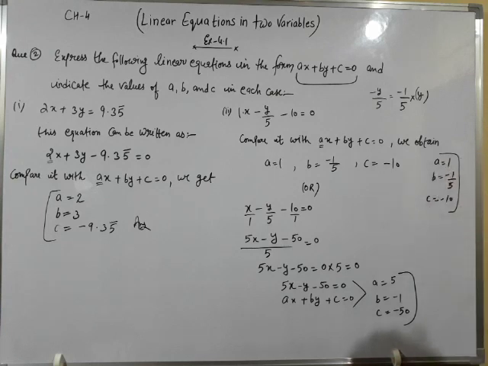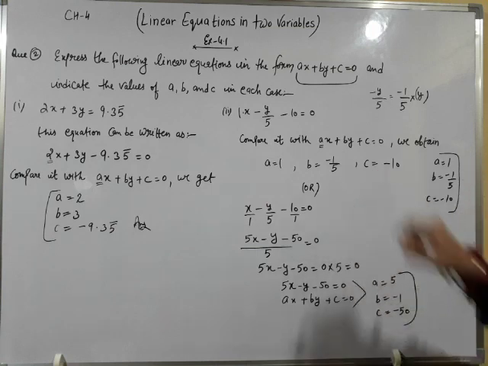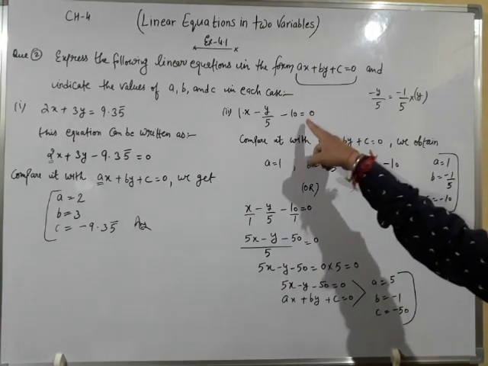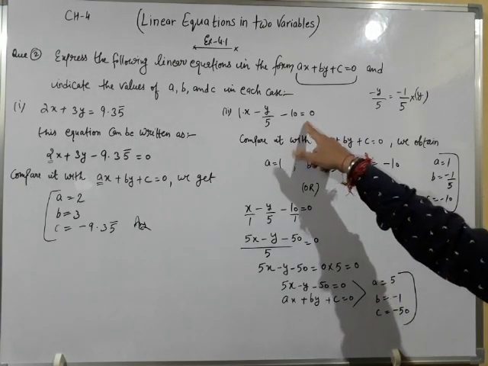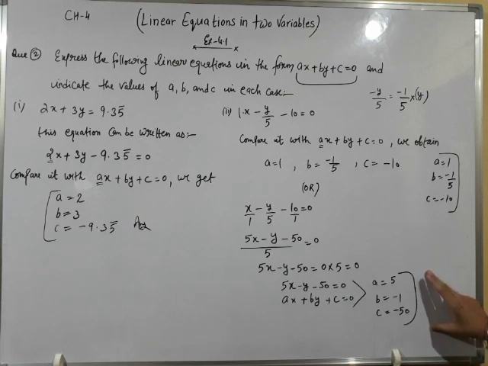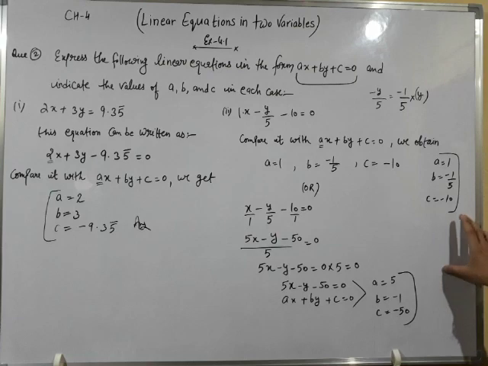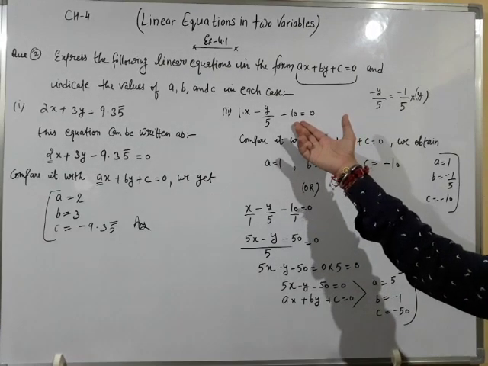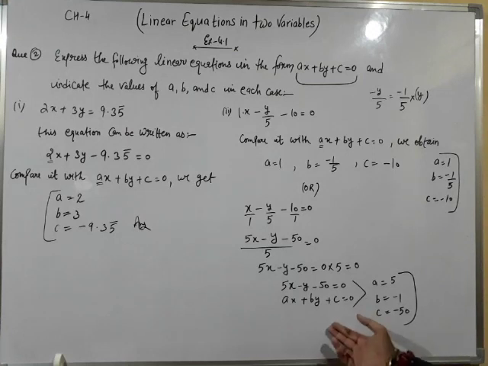So these are different answers, but we are finding the solution of the same equation. Yes, both answers are correct. Only the representation of both answers has changed. Here we have compared the given equation directly, and here first we have taken the LCM.